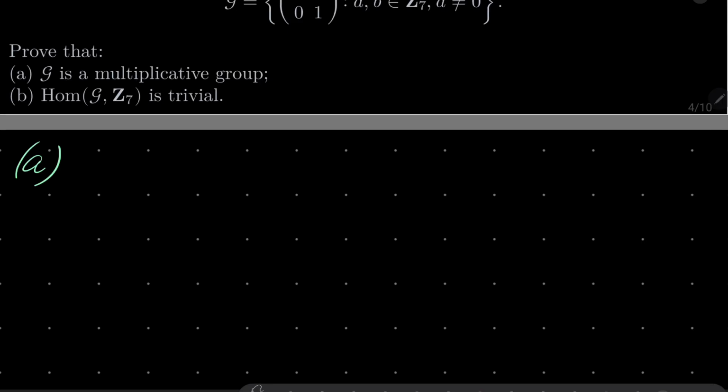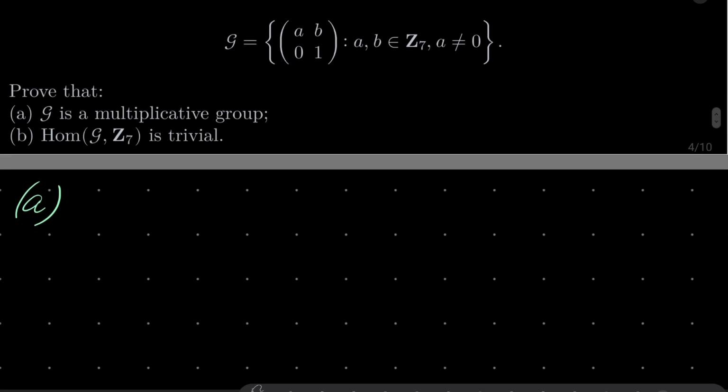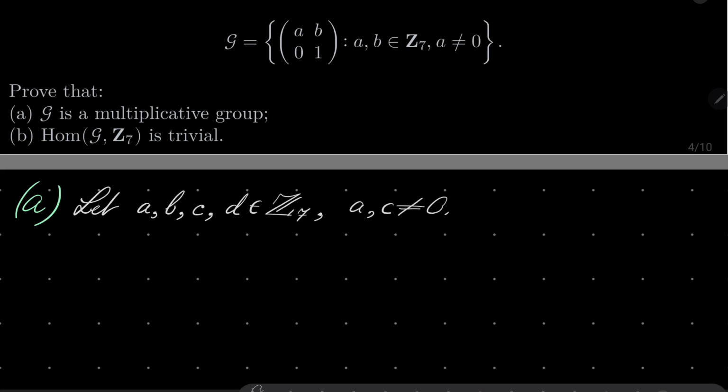First, we wish to show that if we multiply two matrices from G, we get again a matrix from G. So let A, B, C, and D be from Z7, and moreover, I will assume that A and C are not 0. Then notice the following: (A, B; 0, 1) times (C, D; 0, 1).